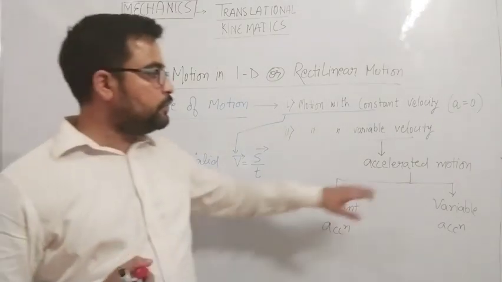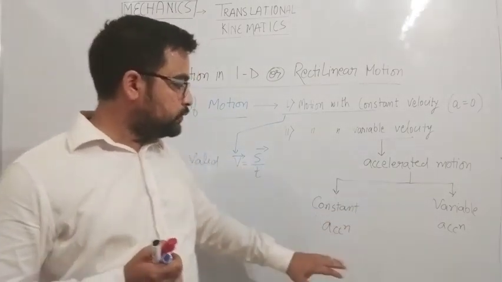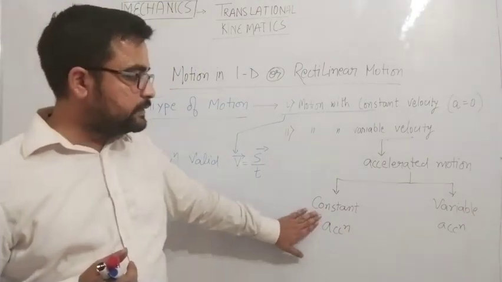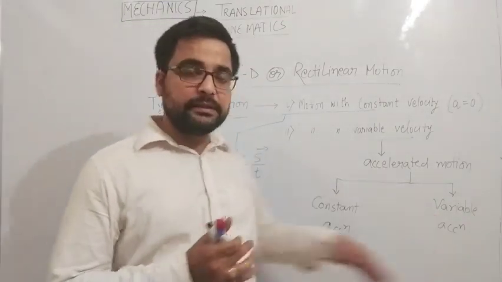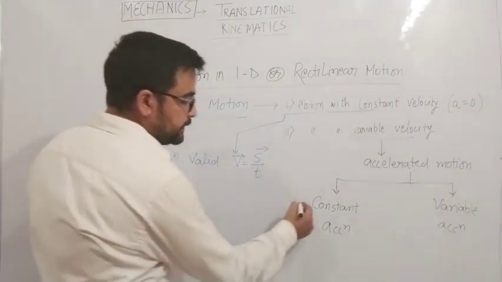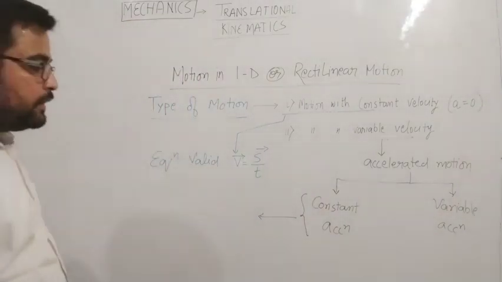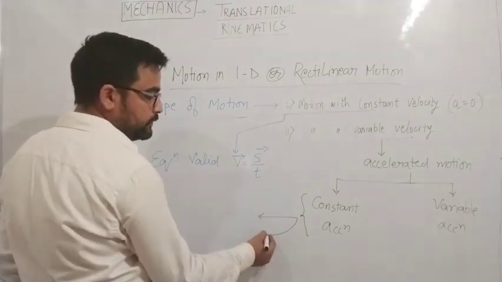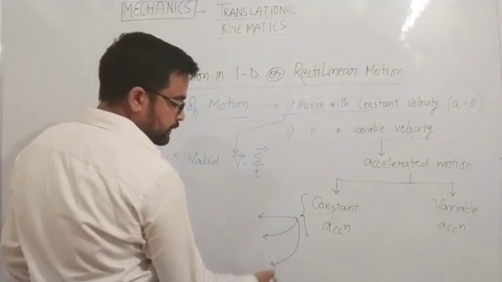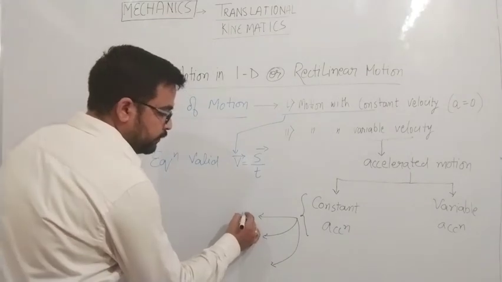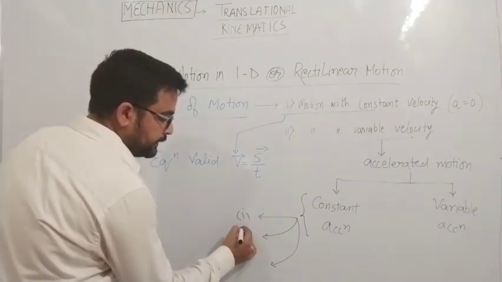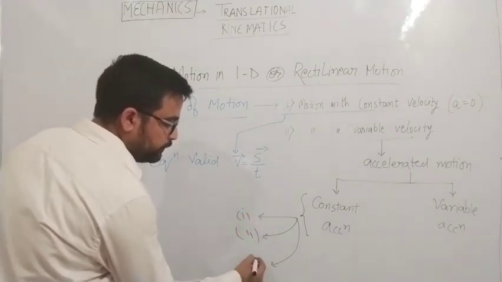But when it comes to accelerated motion, we have two kinds: constant acceleration and variable acceleration. When we have constant acceleration, which equations are used for analysis of these kinds of motion? The three equations of kinematics, which we are going to prove.